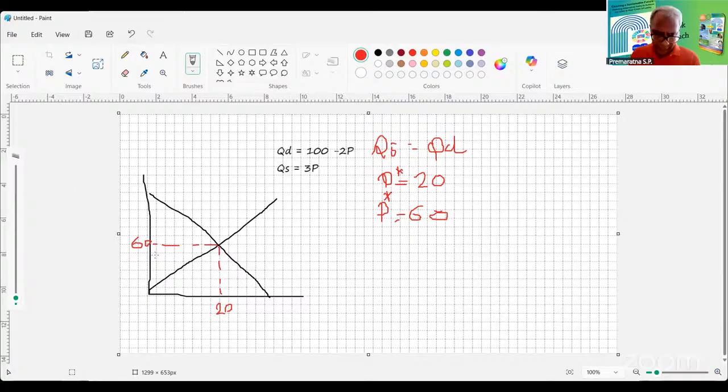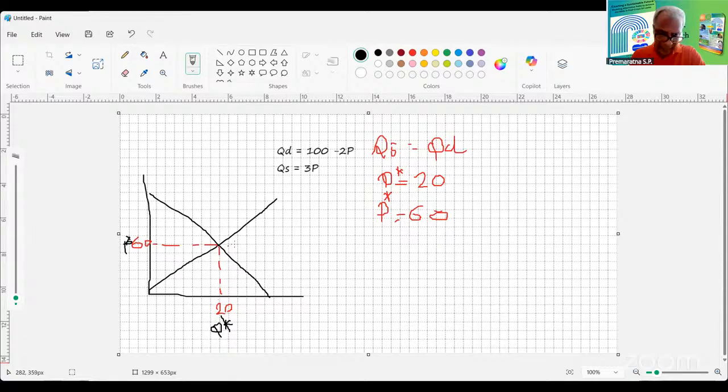Now here, there are a few things we can look at further. This is the equilibrium, the market clearing price and the market clearing quantity. Why is it market clearing in this situation, at this market price and market quantity?